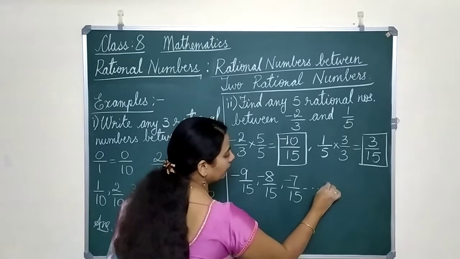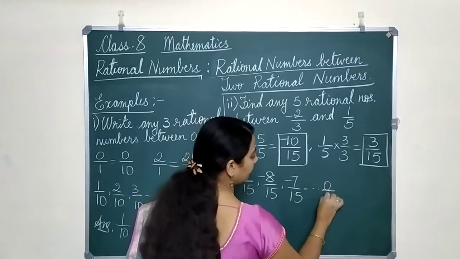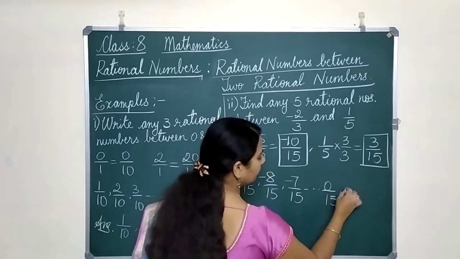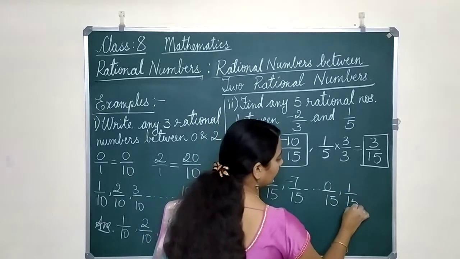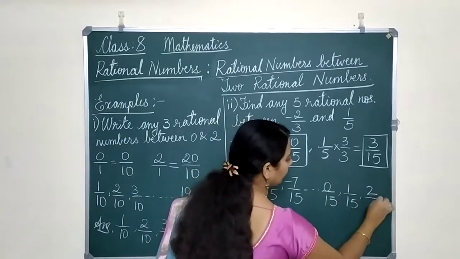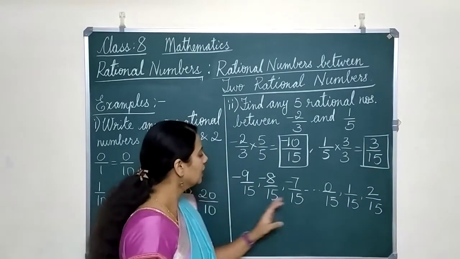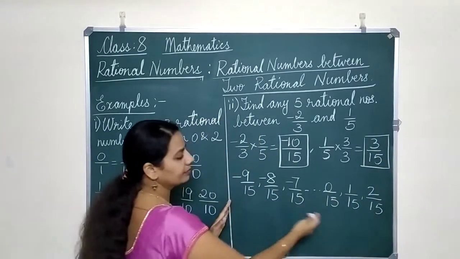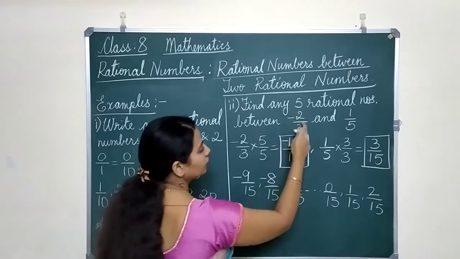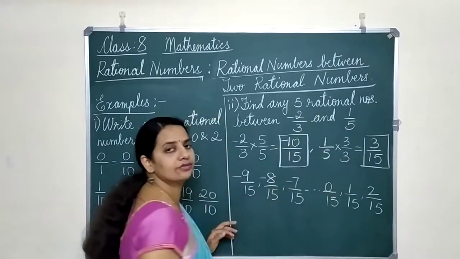Like this it goes on till 0, 0 by 15. After that you have 1 by 15 and then 2 by 15. After that comes your 3 by 15. So these are the numbers which come in between minus 2 by 3 and 1 by 5.